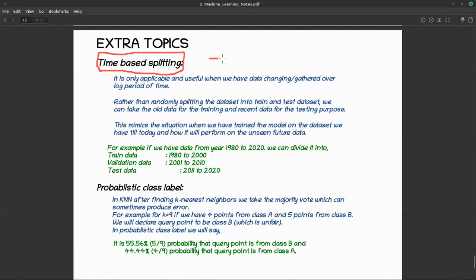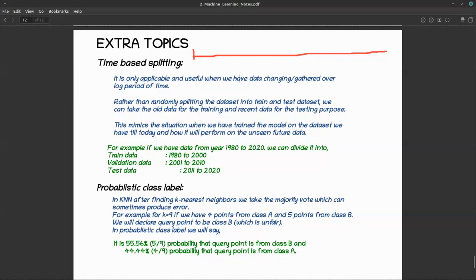But let's say you have data which depends on time, on the time axis. Then you can use time-based splitting. Why? Because your data depends on time. As time increases, or over intervals of time, there is some change in data, and you want to predict that. You don't want to mix all the things.